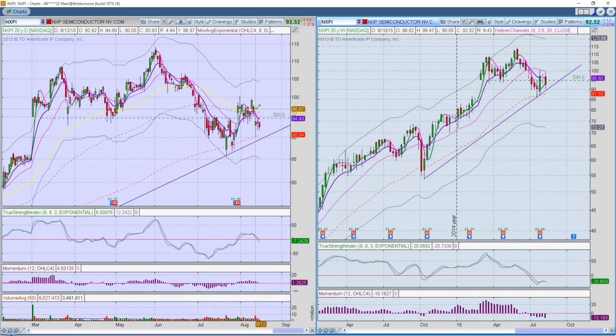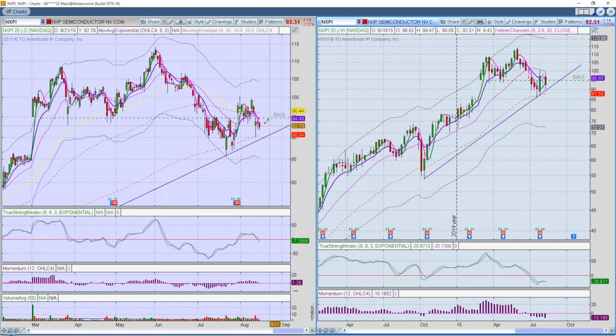Things of concern: the 50-day could potentially cross the 100-day moving average. Short term, this isn't a downtrend from here to here, but we did break back up and try to rebound with earnings, and now we've dropped back down.